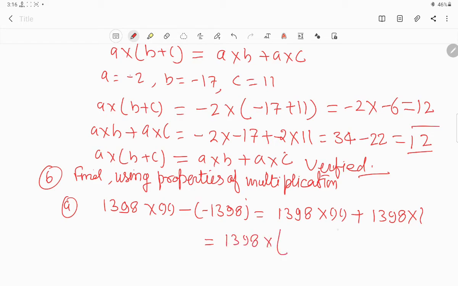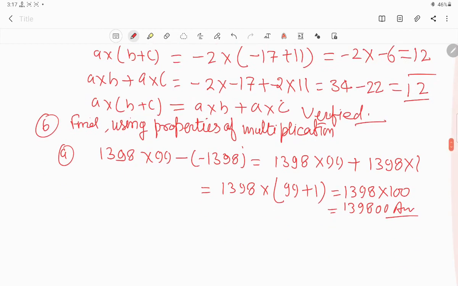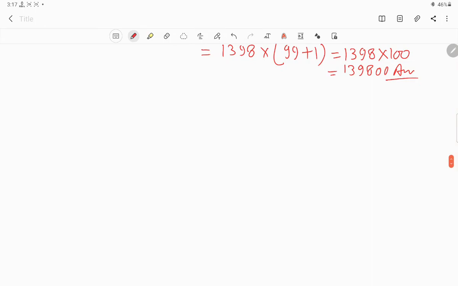What is left in the bracket? 99 plus 1. This is taken common, that is 1398 into 100. You can multiply easily, 139800. This is your answer. If you use the property of multiplication, then this type of product you can do easily.